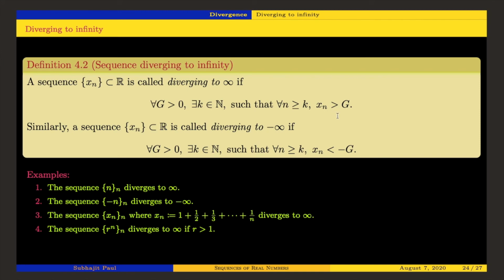Just like in the definition of convergence, for all n greater than or equal to k, the distance between xn and the limit stays less than epsilon for the rest of its terms. The whole tail follows the same way. Here also, the entire tail will stay more than g from the kth term onwards. And the same, but opposite, will be the case for diverging to negative infinity.